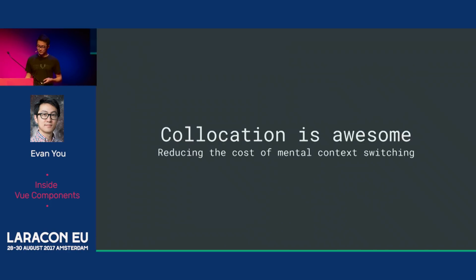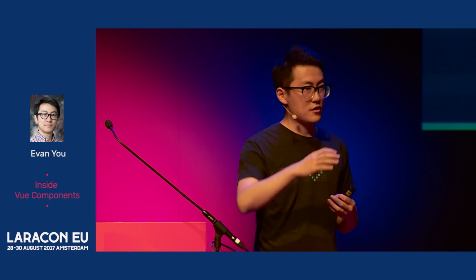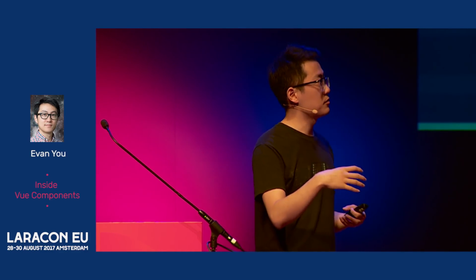And a revelation after I personally have tried this paradigm, and many other developers who have tried this, realize that this co-location of the things that are closely coupled to a single component in the same file is actually pretty awesome, right?